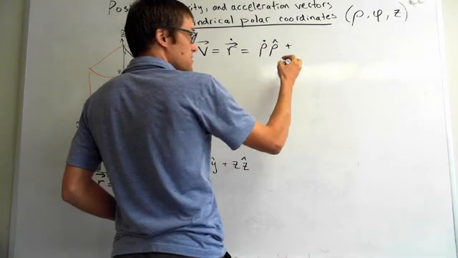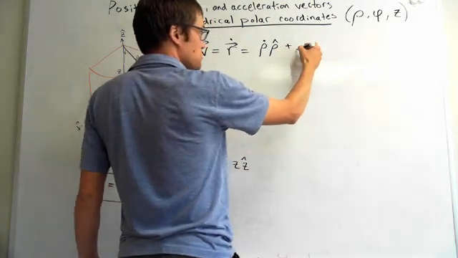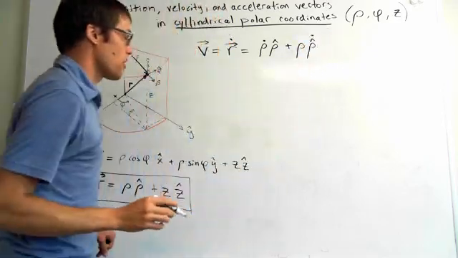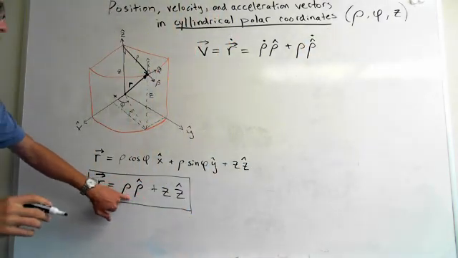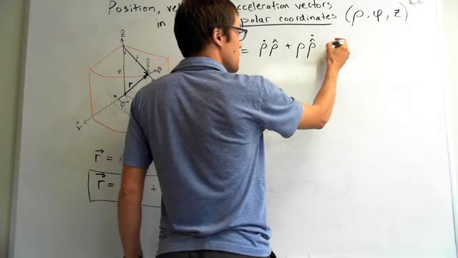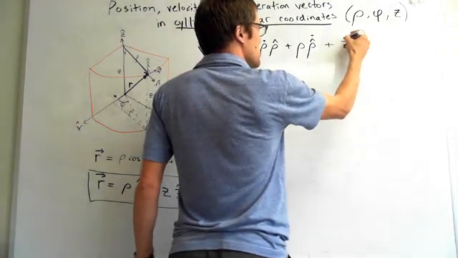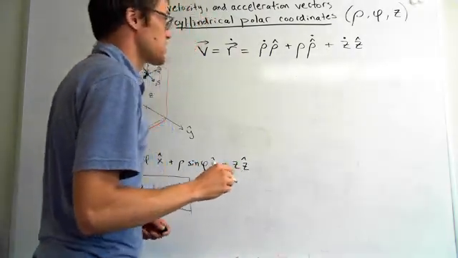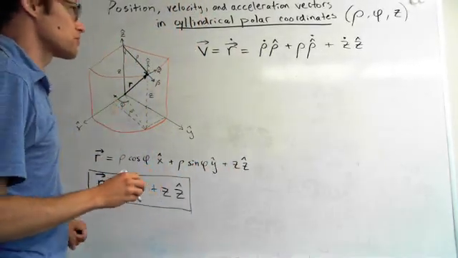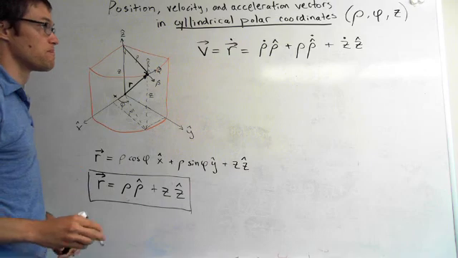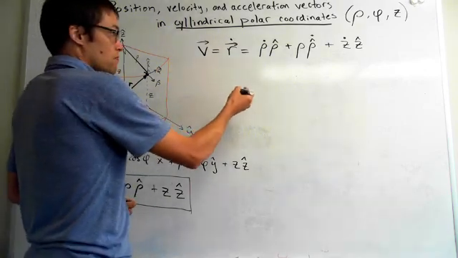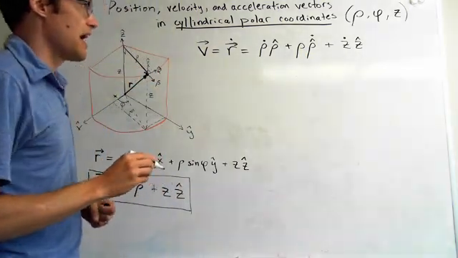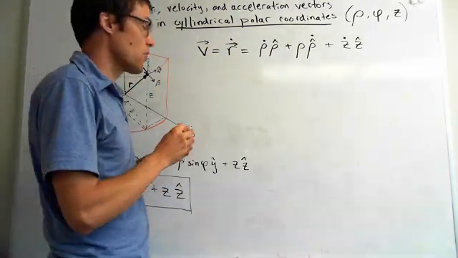Now, rho hat itself depends on time if the particle is moving around. So you also have this term. I just used the product rule on this first part of the sum here. Plus z dot z hat. And now z hat is always stationary no matter where the particle goes, so there is no second term in the product rule for that term. Okay, so we have to figure out what is rho hat dot.